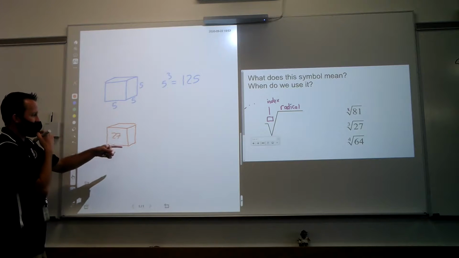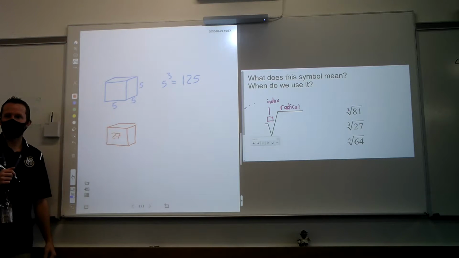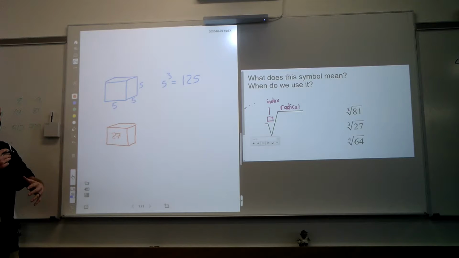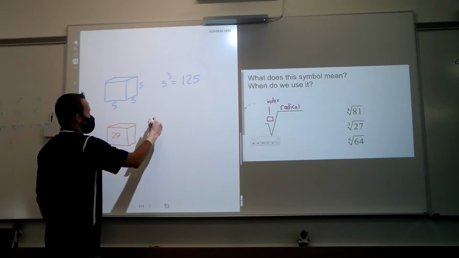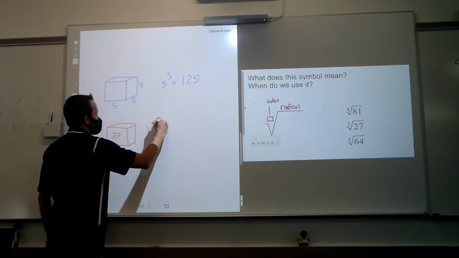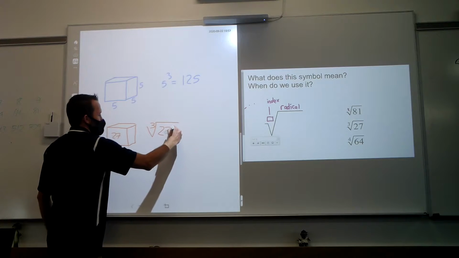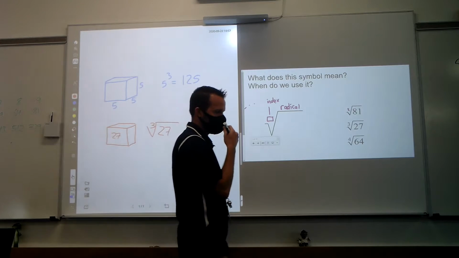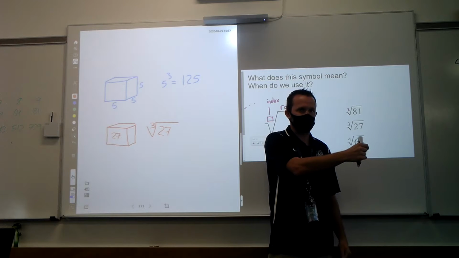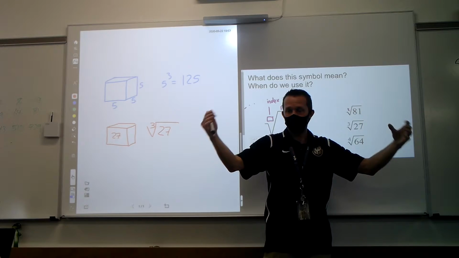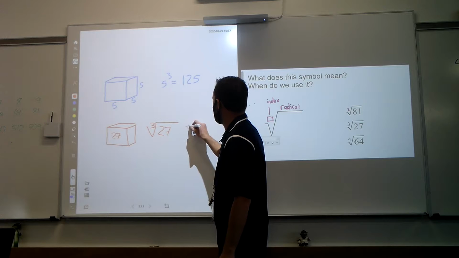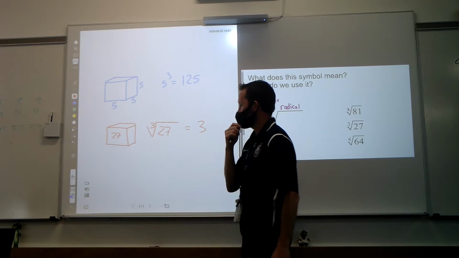What would the sides be so that you could figure out the side length? They're all the same, and when you multiply it gives you 27. What you're doing here is a cube root. Look on your chart, what number multiplies by itself 3 times to give you 27? You would say 3. So the cube root of 27 is 3.